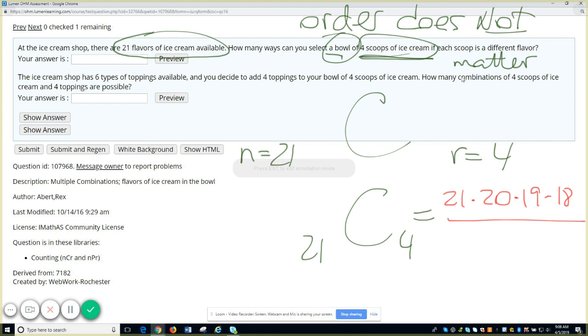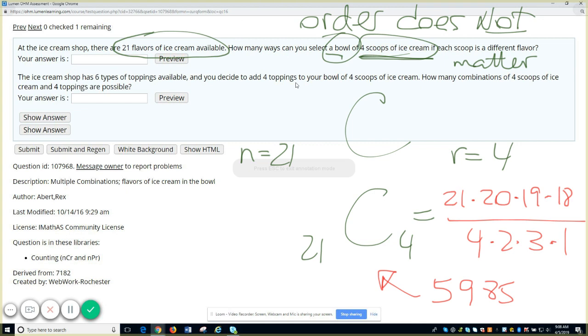But then since we don't actually care about the reorders of those 4 scoops, I'm going to divide out the factorial of 4. Divided by 4 factorial, I get 5,985 combinations of 4 scoops out of 21.